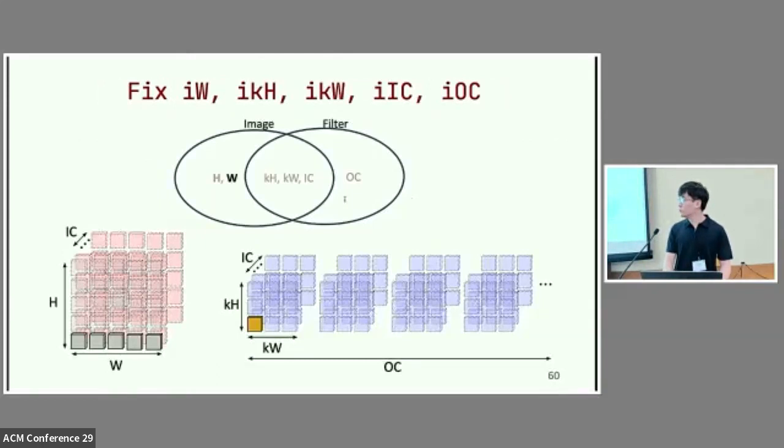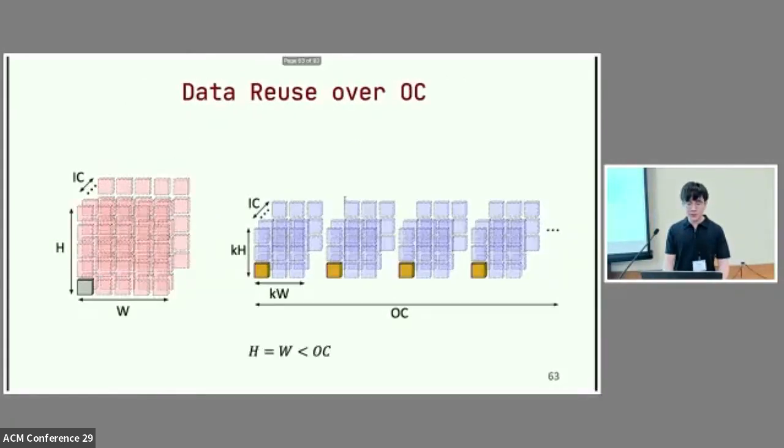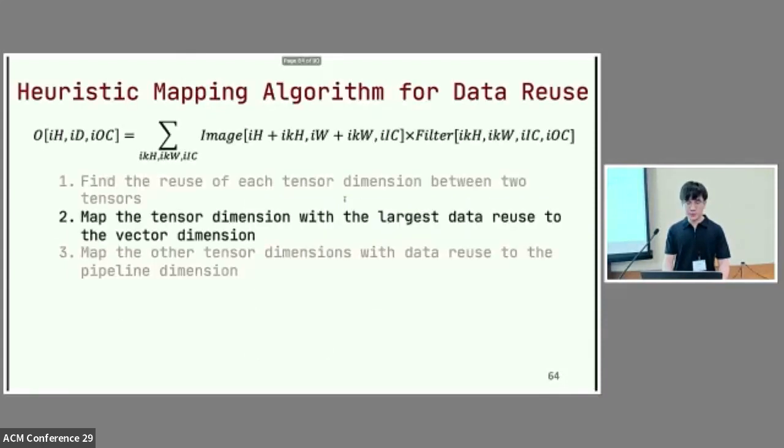So far, we have identified three dimensions that give us data reuse: h, w, and OC. Given that h equals w and is less than OC, we know that OC is the dimension that gives us the most data reuse, and it should be mapped to the vector dimension of a CU.